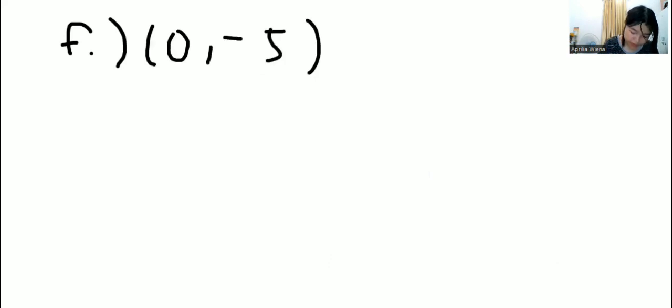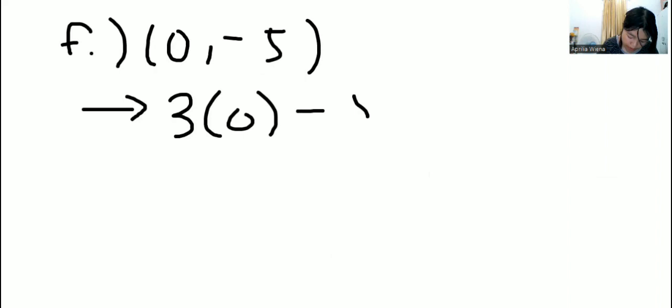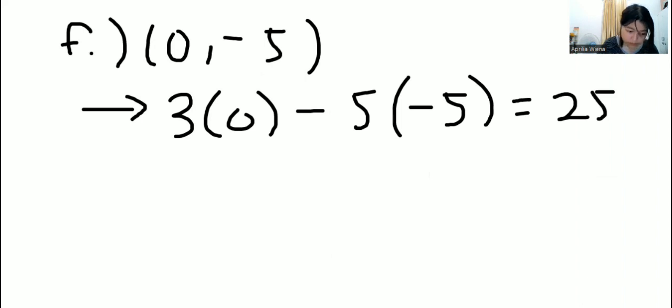Moving on to the last point, the F, we have 0 and minus 5. So we substitute it, 3 times 0 minus 5 times minus 5 equal 25. So we have 0, and then minus 5 times minus 5 is minus 25.